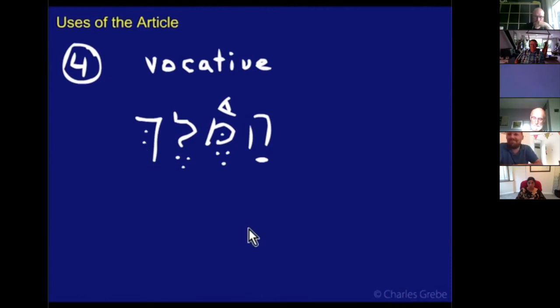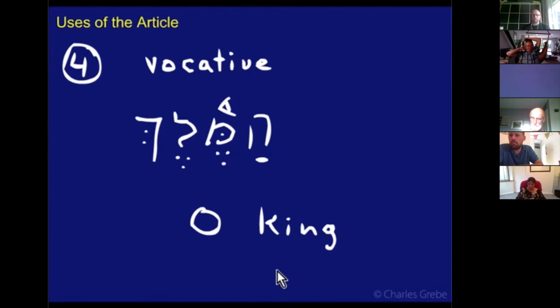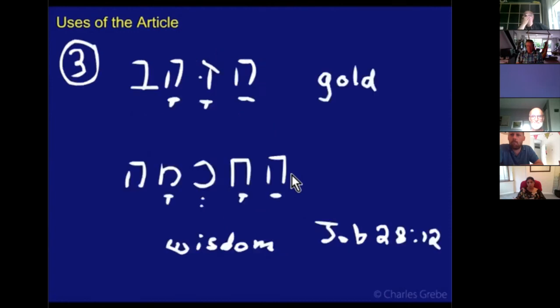That can mean the king, but it could also mean O king. O king, forgive me my debt towards you, or something. So when a person is talking directly to the king, the article could mean a vocative. So you'll probably see this use mostly in direct speech, because that's where you're going to find vocatives. So 4 uses.